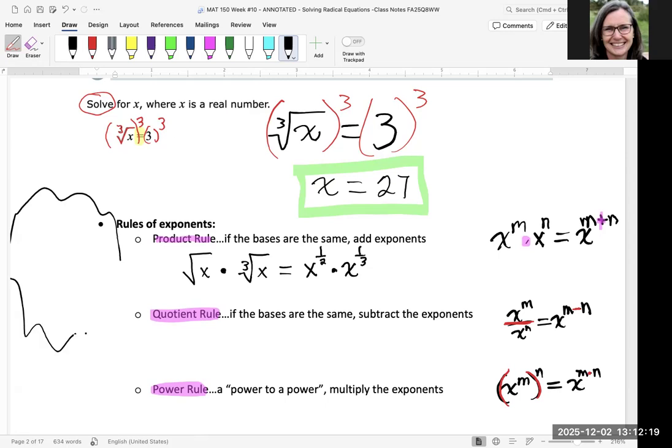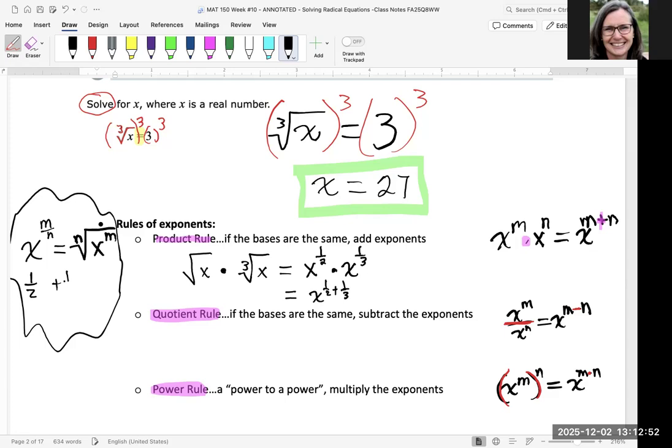Here's the thought bubble: if I have an exponent that's a fraction, I can rewrite it as a radical. So now in this case, I'm adding x to the 1/2 plus 1/3. Might need scratch paper to do that.